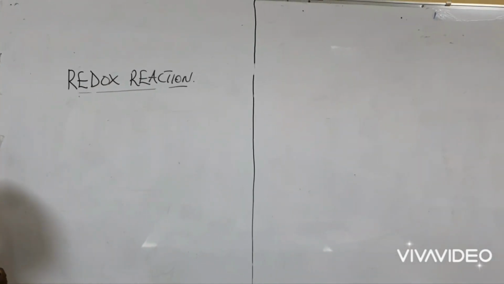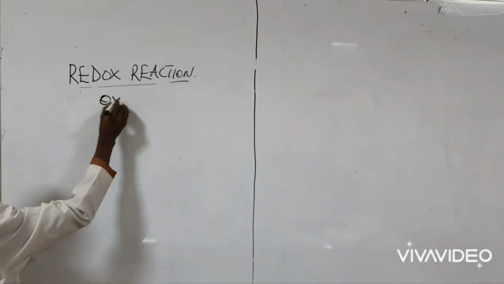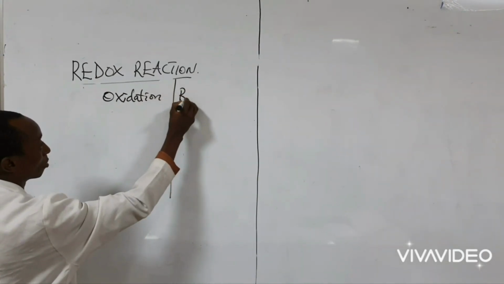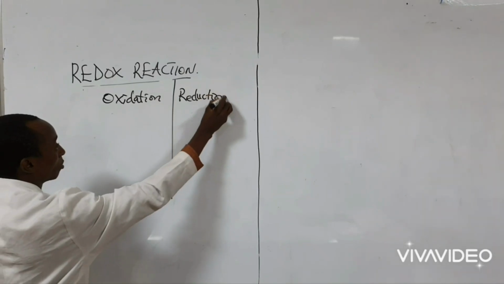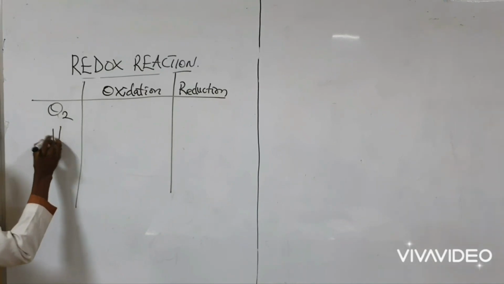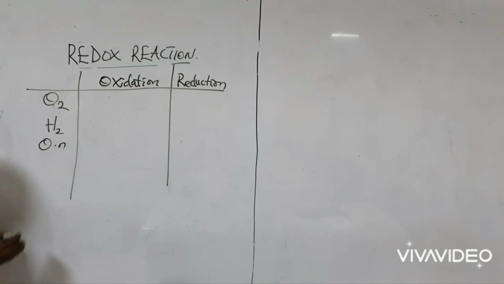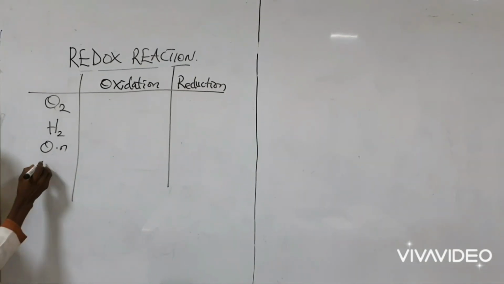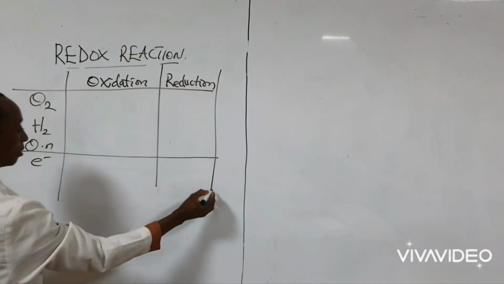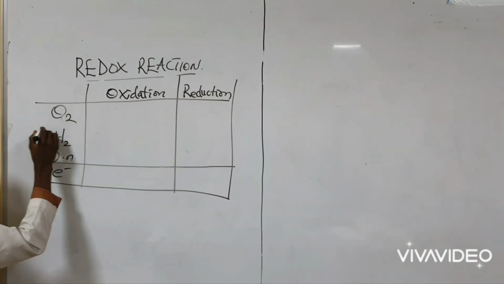Therefore, today we are defining redox reaction, that is oxidation and reduction, in terms of oxygen, hydrogen, in terms of oxidation number, and in terms of electron transfer, in a simple tabular form, like I've said, so that you are able to remember easily in examination.